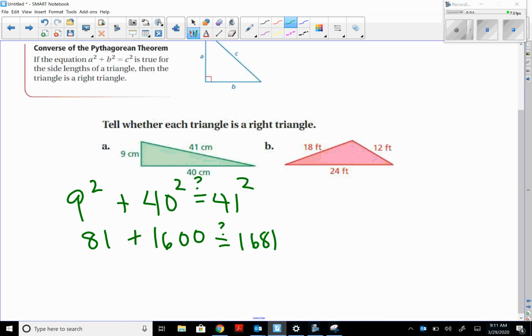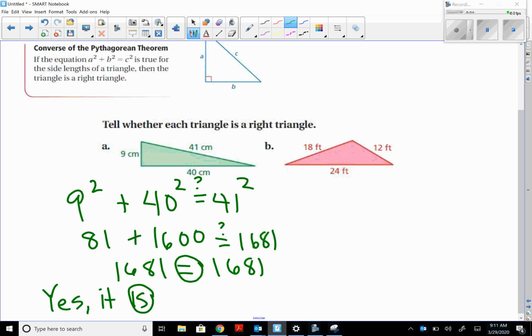So if I add 81 and 1600 together, I get 1681, and it does equal 1681. So because they're equal, that means that yes, it is a right triangle. I can draw the little box here because I just proved that it is in fact a right triangle.